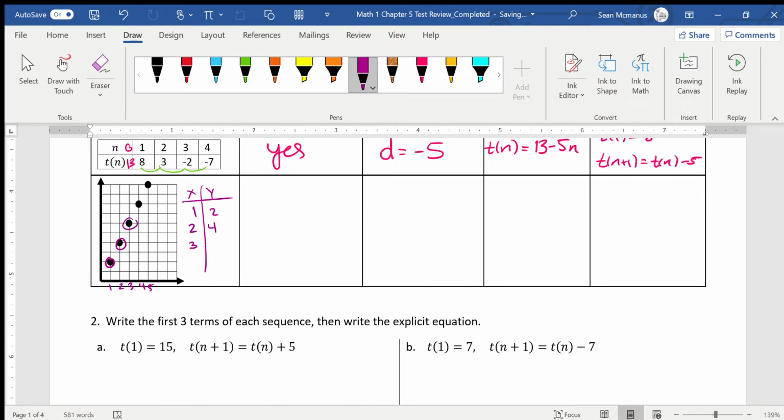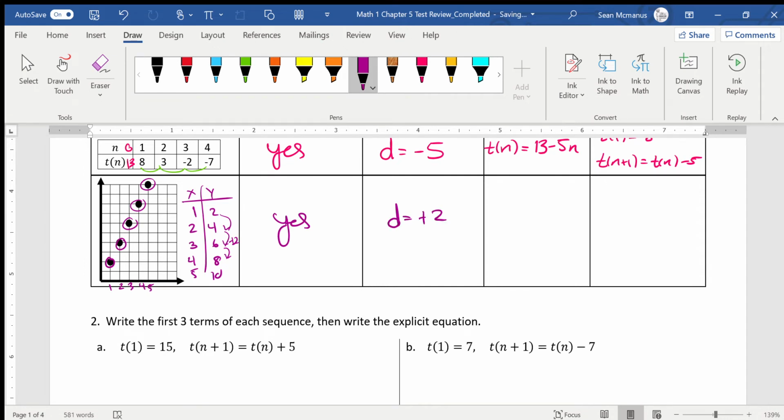Then I have 3, 6. Then I have 4, 8, and 5, 10. So I could write down the coordinates and I can see these are all changing by 2. So that's a yes. The difference is plus 2.